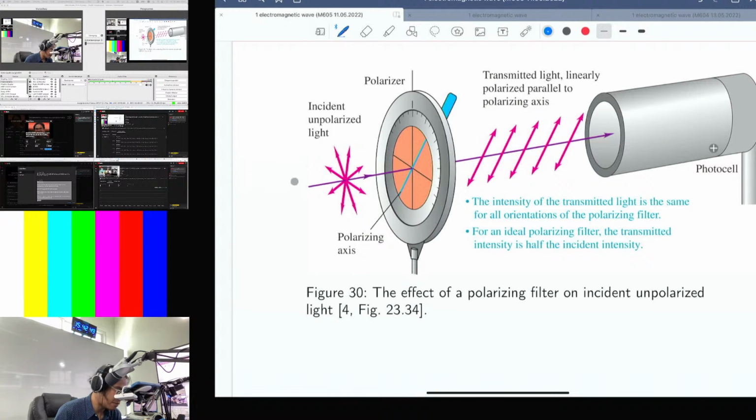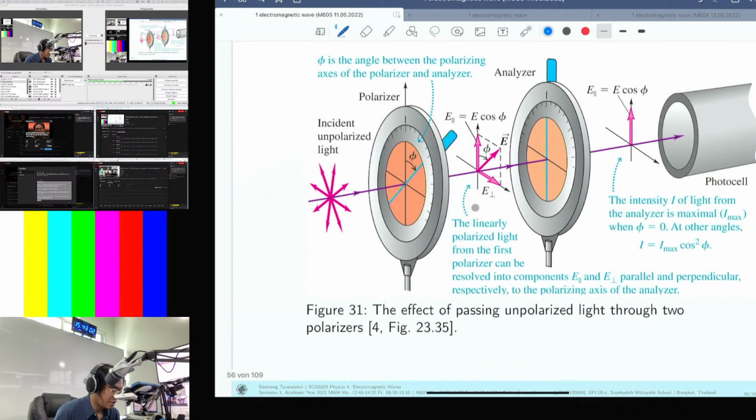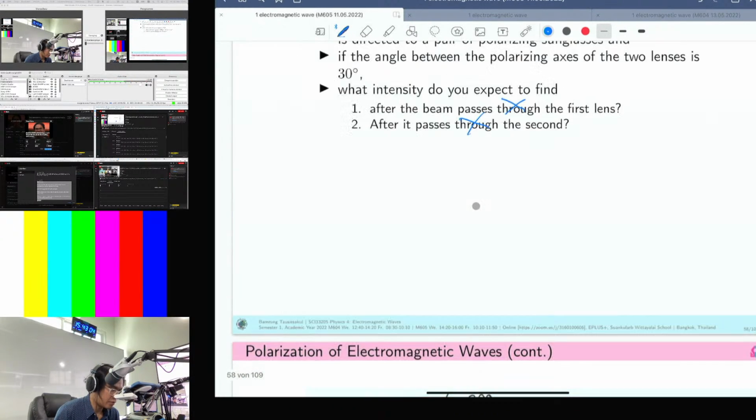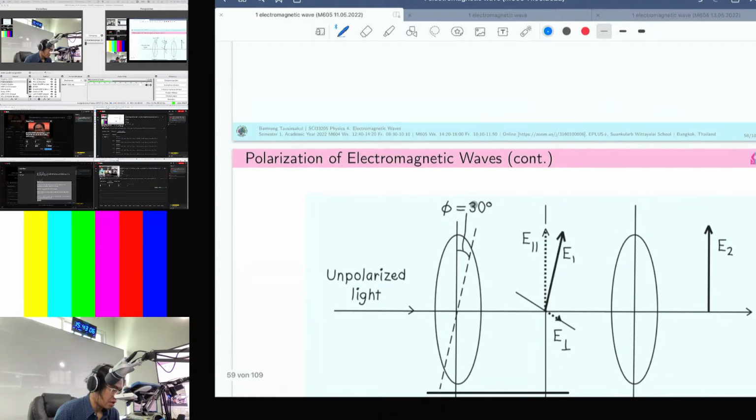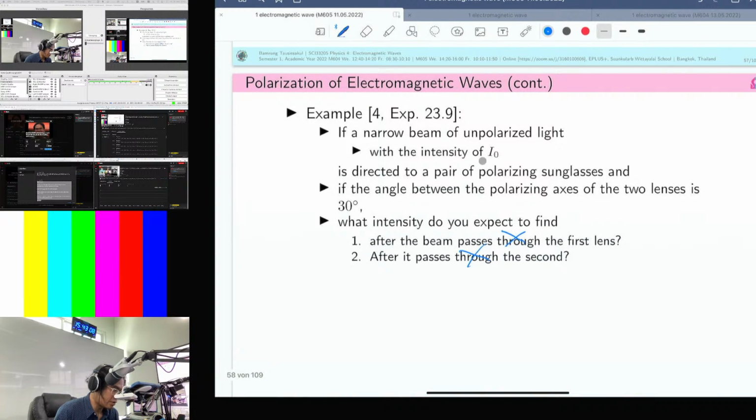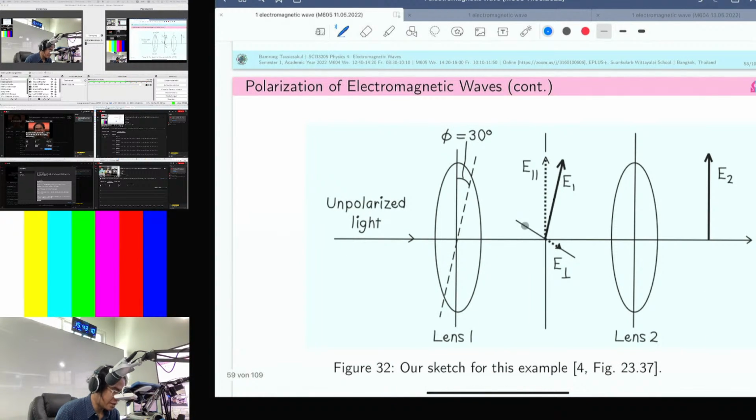If you have 10 watts per square meter here, you would get only 5 watts per square meter at the output. This is the first property of the ideal polarizing filter. Let's talk about our case. You start from I0, and that's why here you would have half I0.